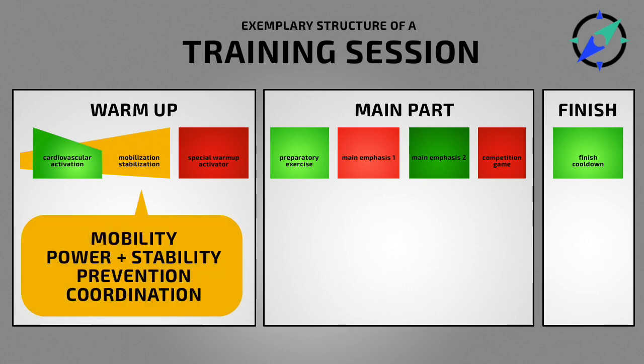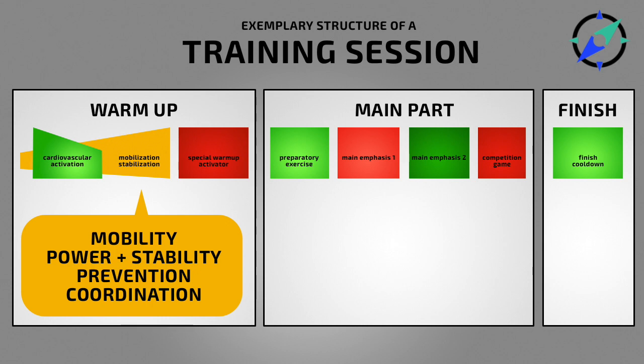Next comes the mobilization and stabilization part, and you probably noticed that the color of each part is symbolizing the intensity. So here this part is marked in yellow, and the content is mobility exercises, some stability or even power exercises, and a lot of prevention and coordination exercises.